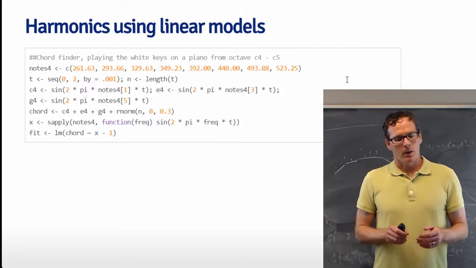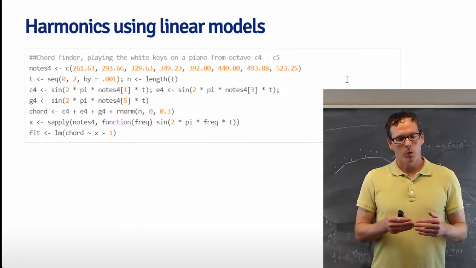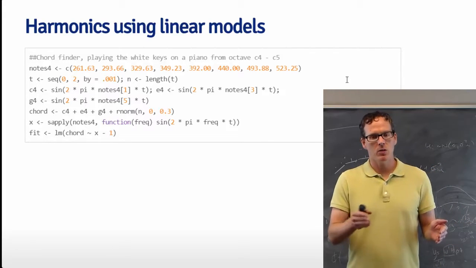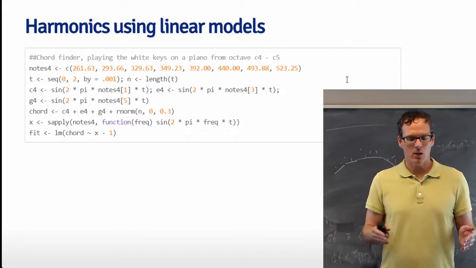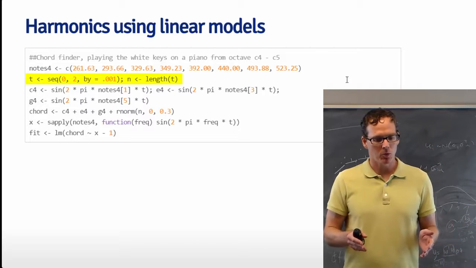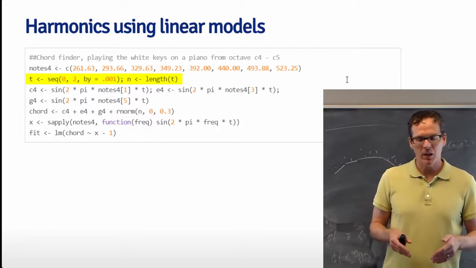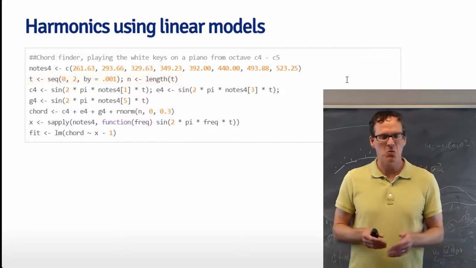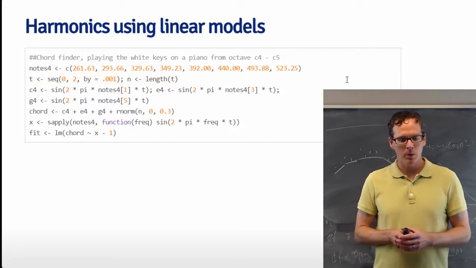And what I've done is I've taken those notes and created digitally sampled time points. Here the time goes from 0 to 2, sampled every 0.001. So let's say it's 2 seconds, so we have 2 seconds of data.